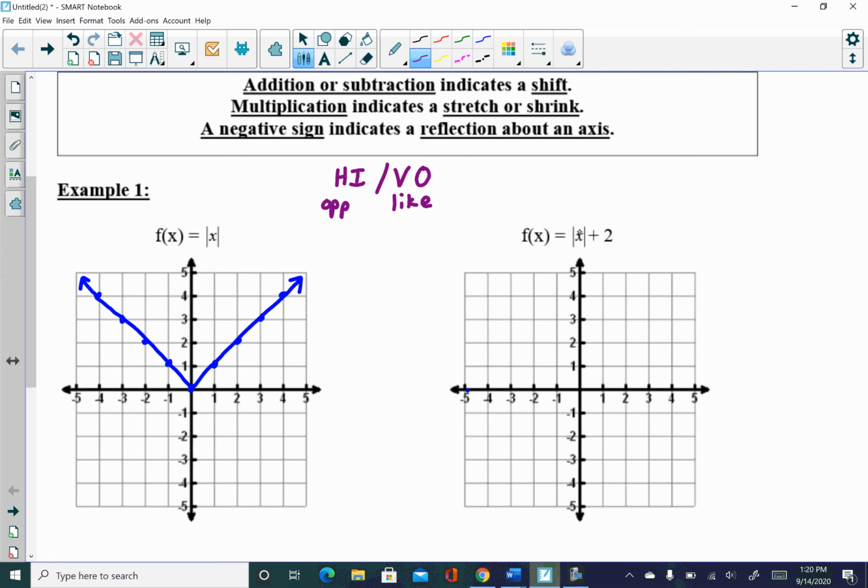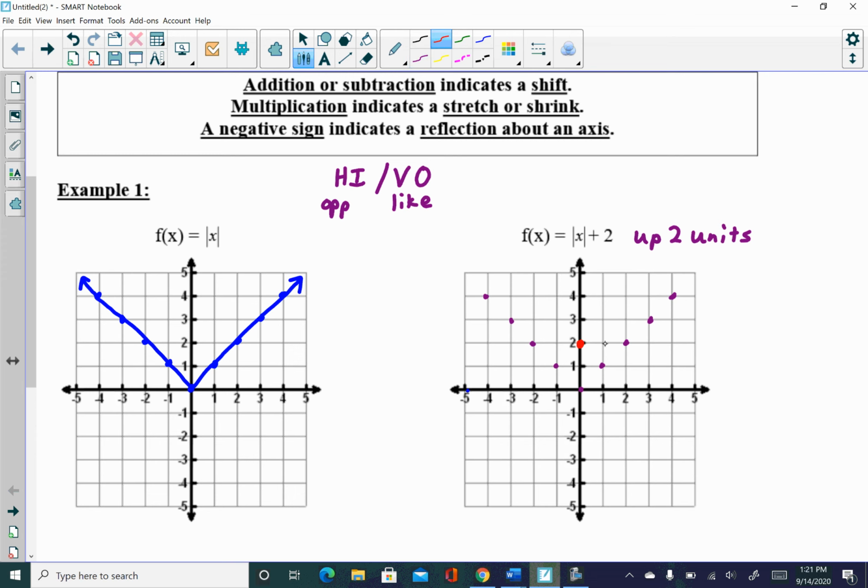So now for this top one, this plus 2 here is outside the parentheses, okay? So that means it's a vertical transformation. I'm going to be taking my original graph of the absolute value of x and shifting it up 2 units. Just to give you a frame of reference, here's the original graph, y equals the absolute value of x. I'm not going to connect the dots. That plus 2 takes all of these purple points here and shifts them up 2 units.